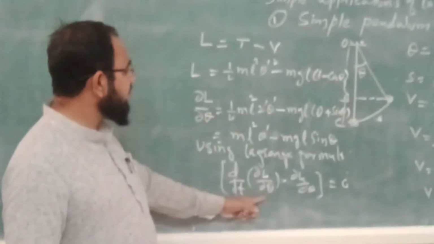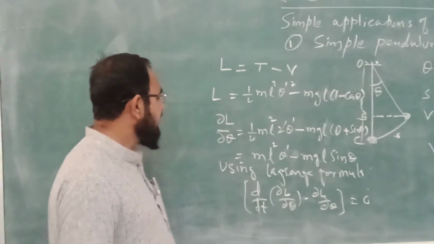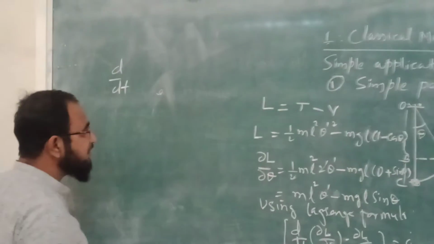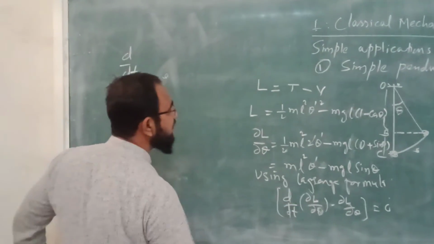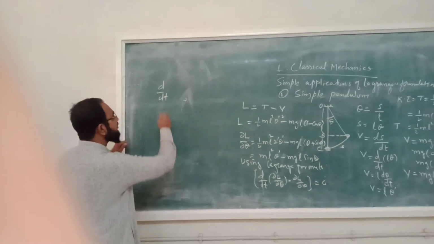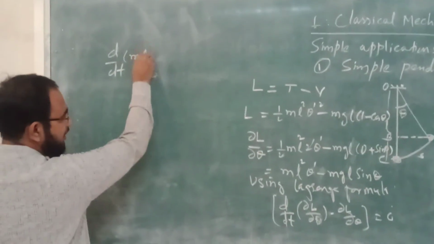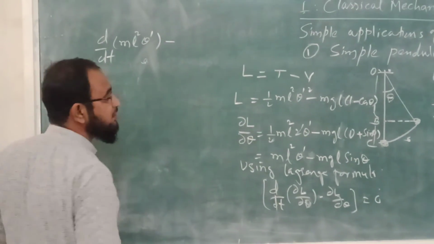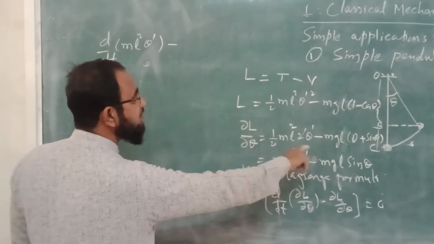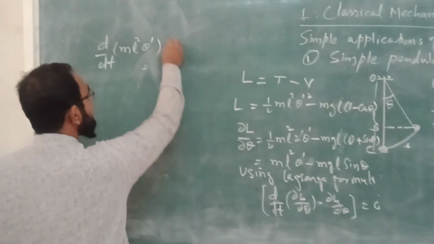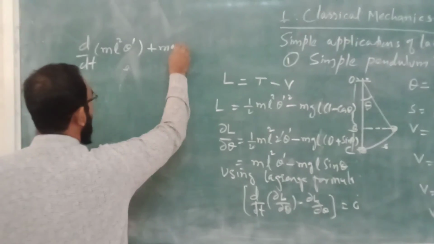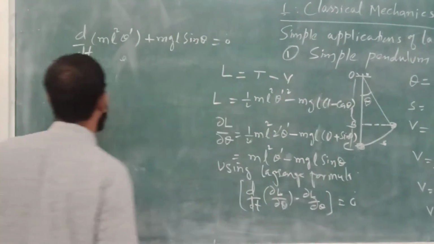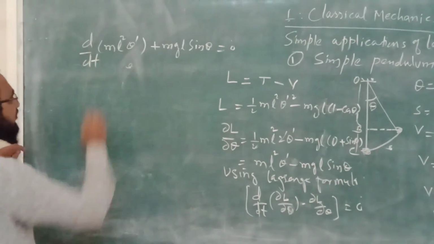Substituting the values: d by dt of m L square theta dash, minus minus becomes plus, mgL sine of theta, should be equal to 0.